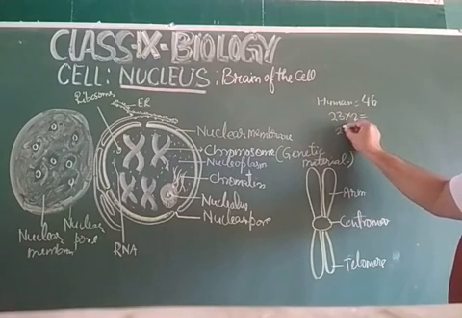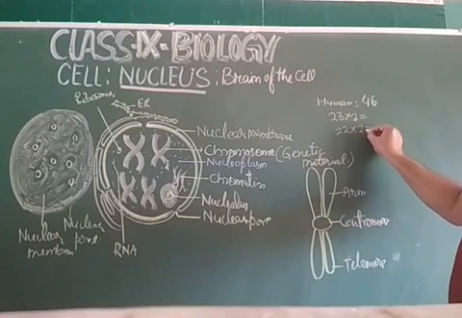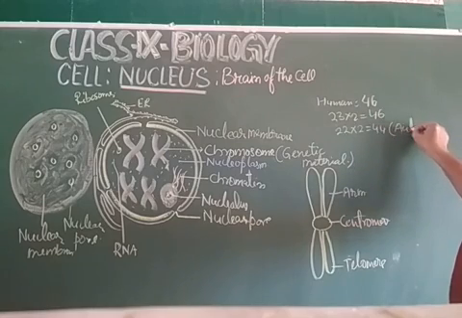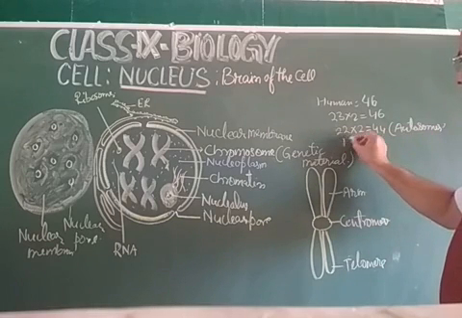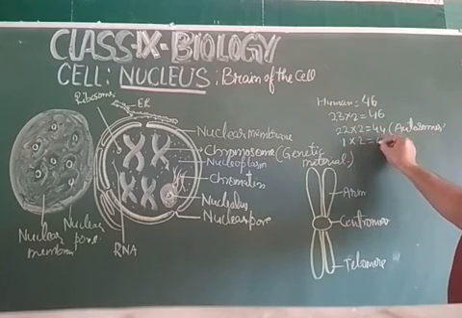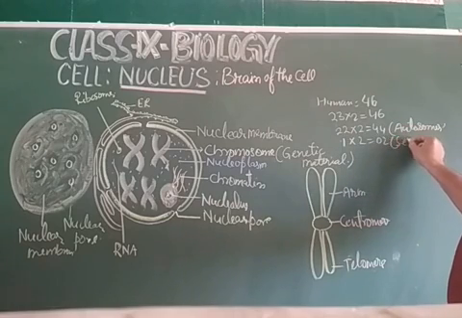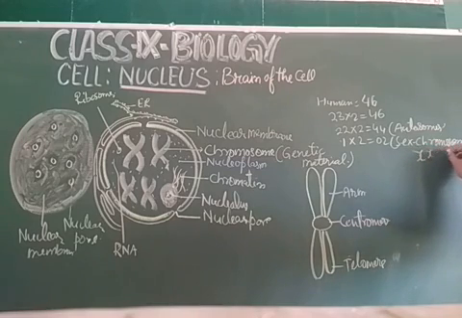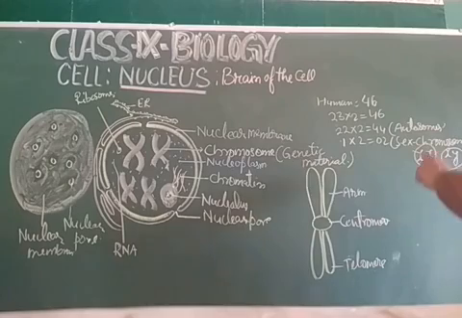Out of this, 22 into 2, that is 44, are the autosomes, and 1 into 2, that is 2, are the sex chromosomes, like XX and XY, in female and male.